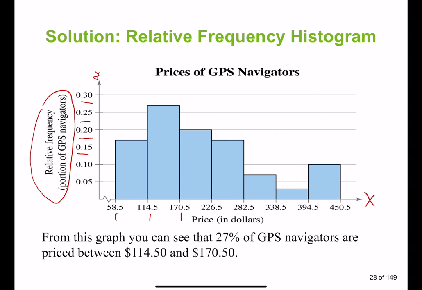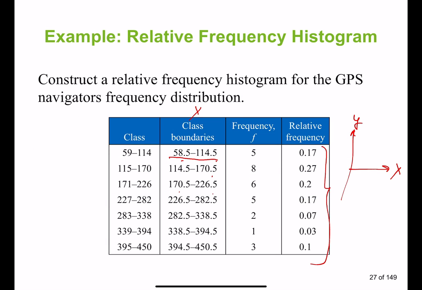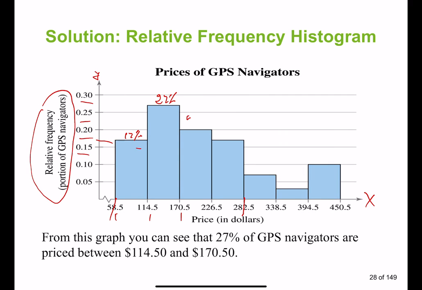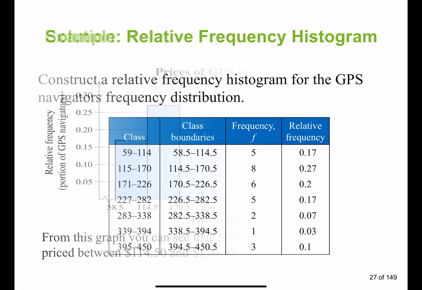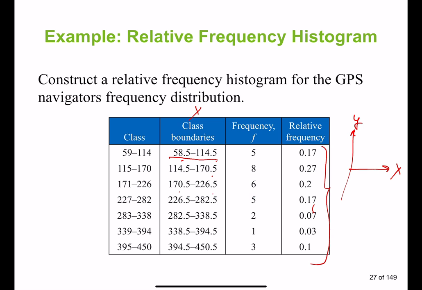So what information can you gather? Like I said, from relative frequency we can gather the percentage of the GPS. If this is our most popular one, what percentage do we have here? How many percent was this? 17%. This is 27%. What else? This is 20%. And this one is 17% again.